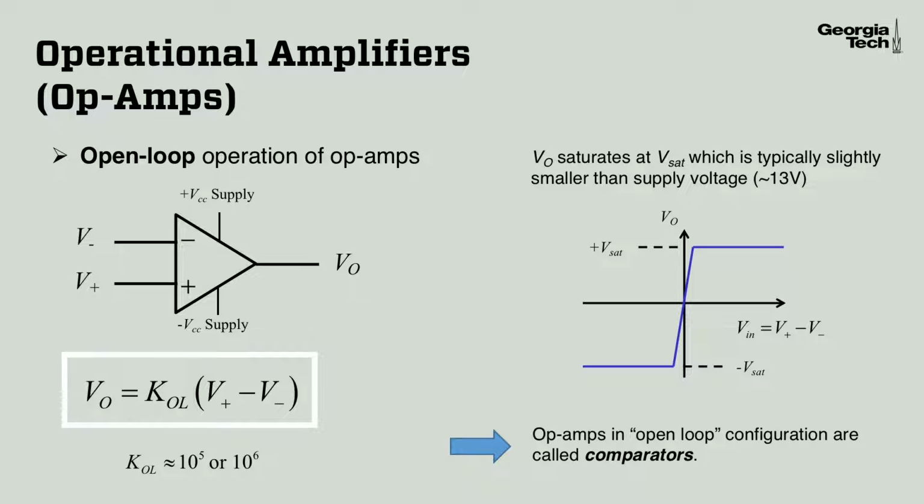You can see that in the diagram on the right: as the difference between the inverting and non-inverting input voltages becomes even slightly nonzero, the result is either positive or negative V saturation. So typically with open loop operation of an op-amp, we only get two output voltages, plus VSAT or minus VSAT, depending on which voltage, V plus or V minus, is larger. When we operate an op-amp in this configuration, that's usually called a voltage comparator.